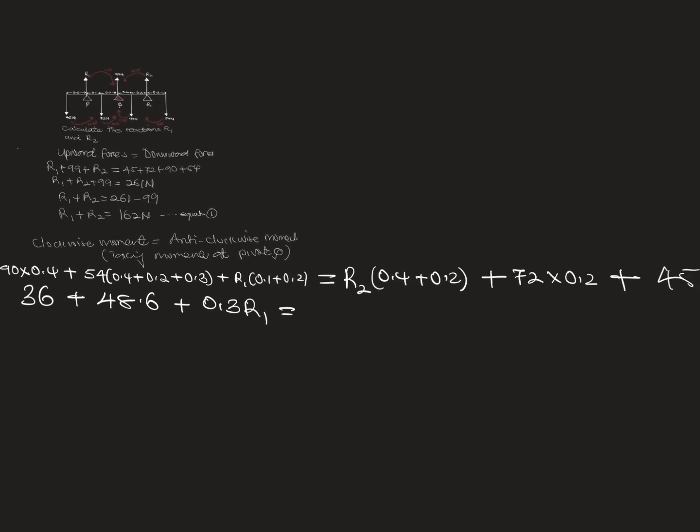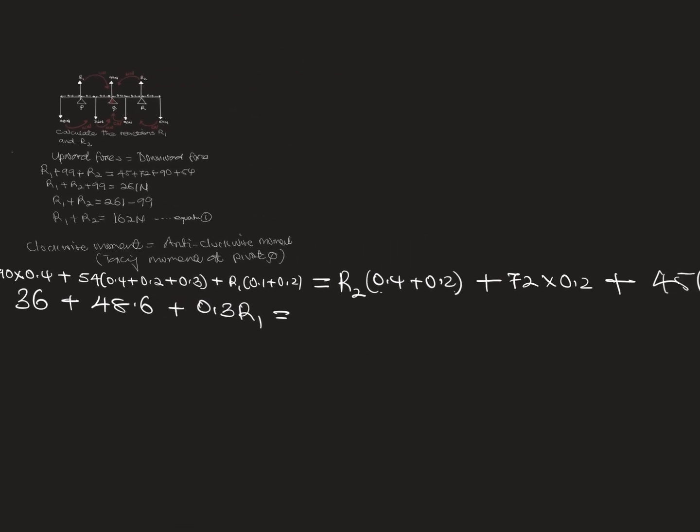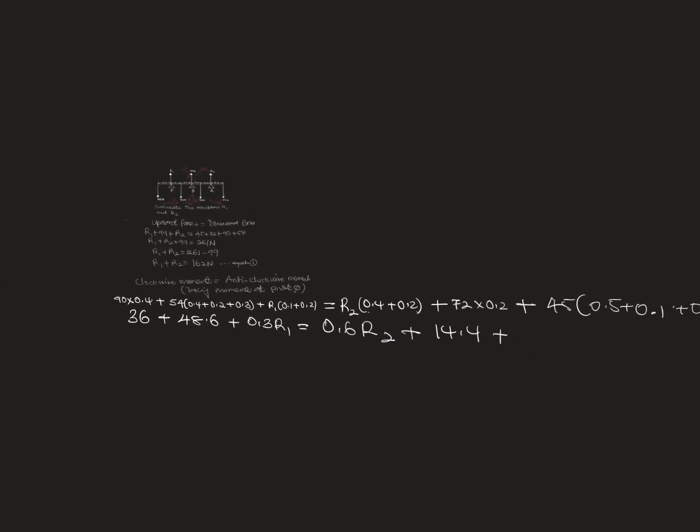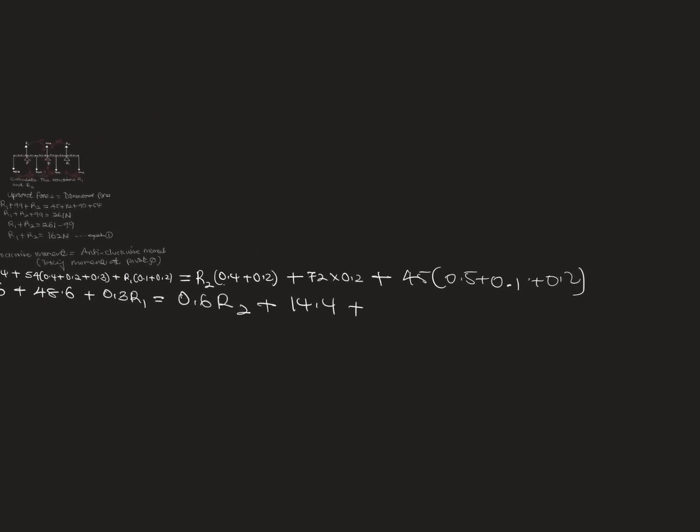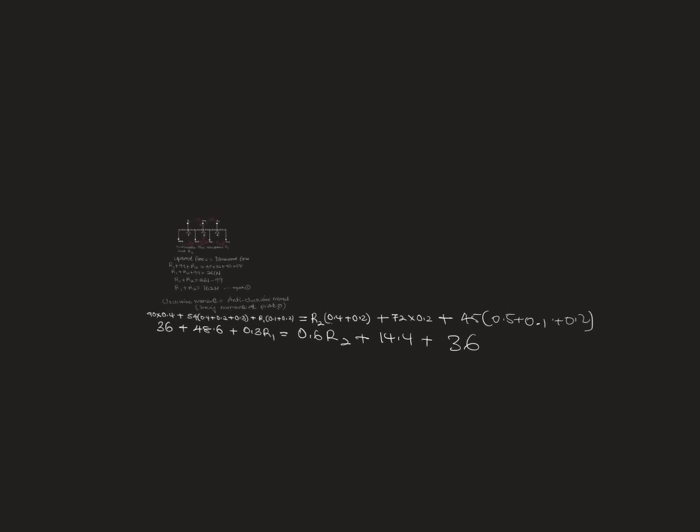This is equal to 0.2 plus 0.4, which gives 0.6, so we'll have 0.6 R2, plus 72 multiplied by 0.2, which is 14.4, plus 45 multiplied by 0.5 plus 0.1 plus 0.2, which gives 36.